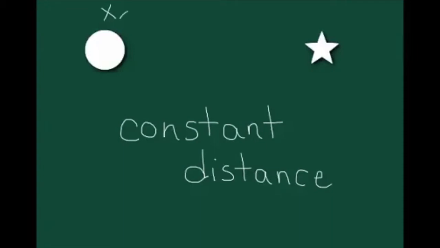So I step and they count 1, 2, 3, 4, 5. And I ask them, how many steps did it take me to go from the circular table over to the star student chart? And they'll say 5, okay?